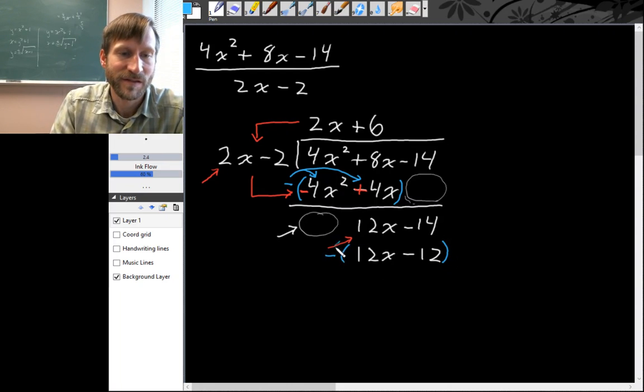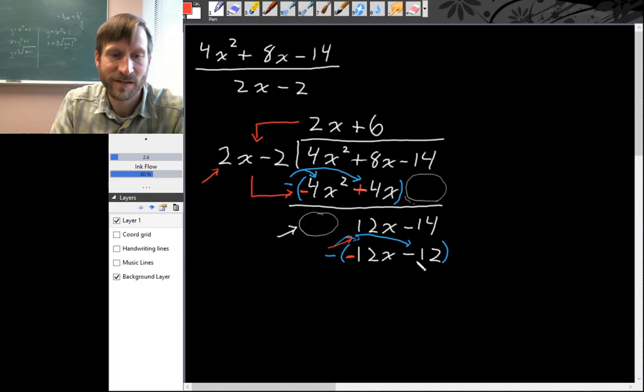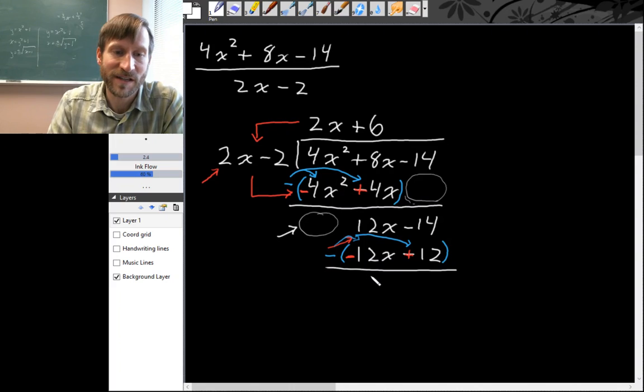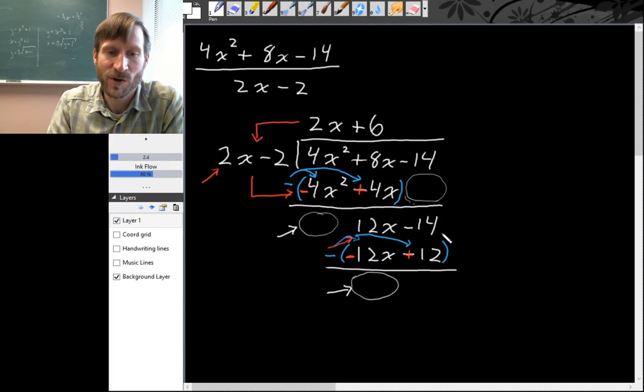Remember that this subtraction distributes. So this 12x is really negative 12x, and this minus 12 is really plus 12. 12x minus 12x is no x's. And again, that is a check that when we chose 6, we chose the right thing because our x canceled. And then negative 14 plus 12 is negative 2.